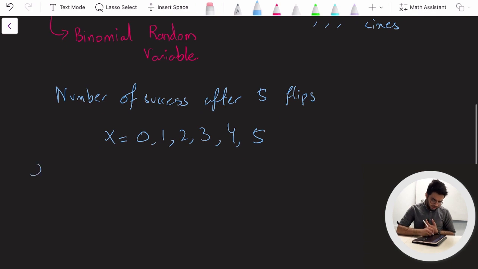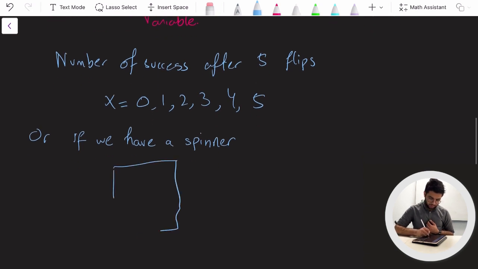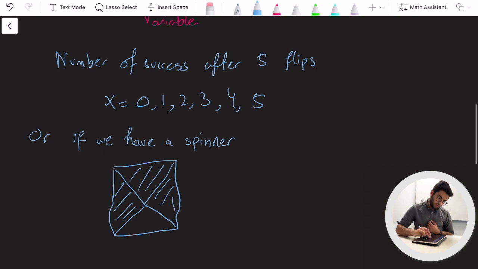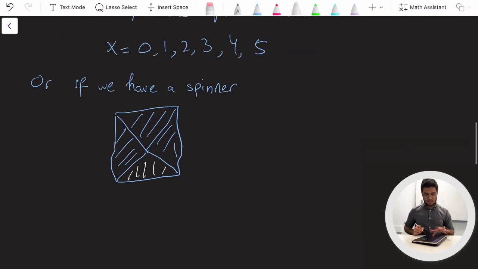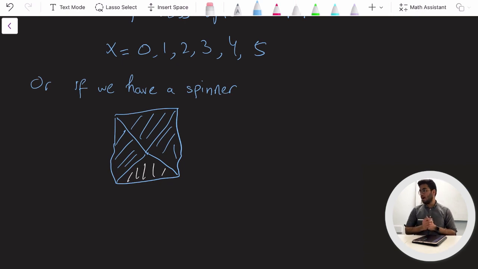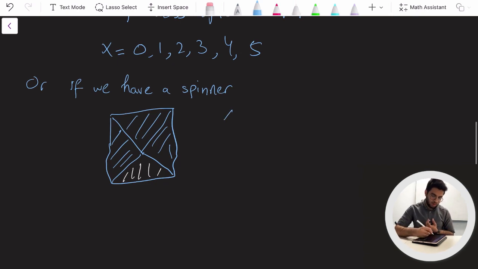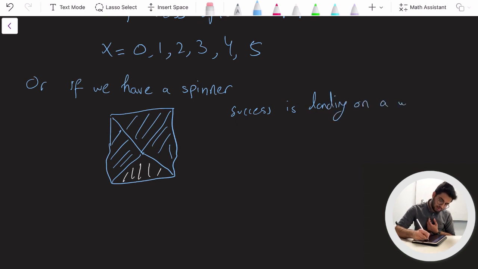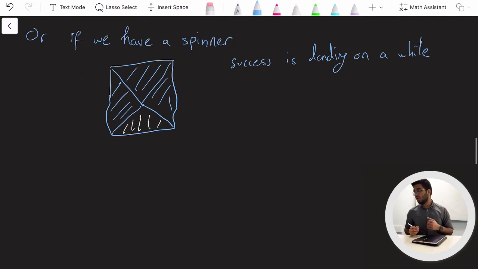For another example, if you have a spinner that looks like this, which is a horrible square but does the job, where 3 parts are shaded blue and 1 part is shaded white, then we define a success as landing on white.